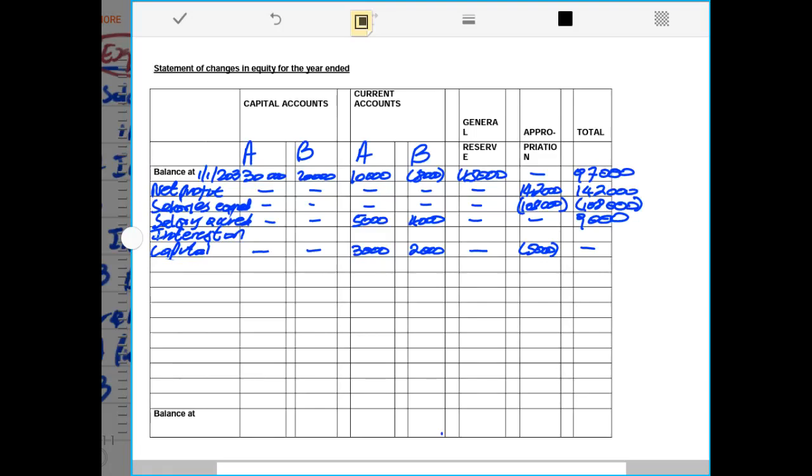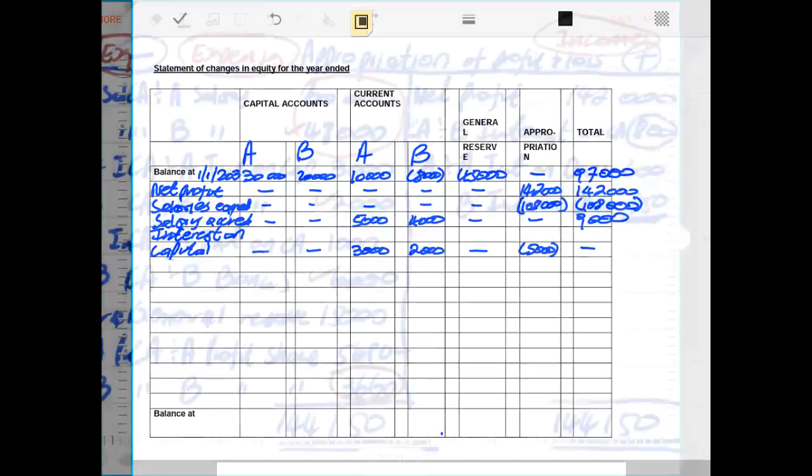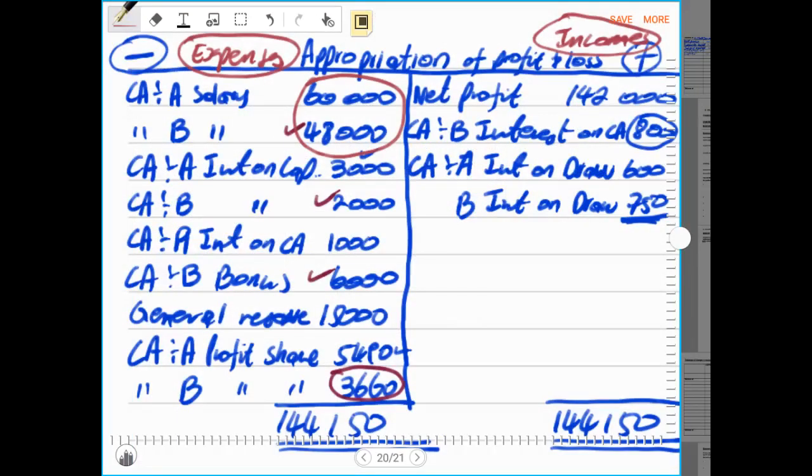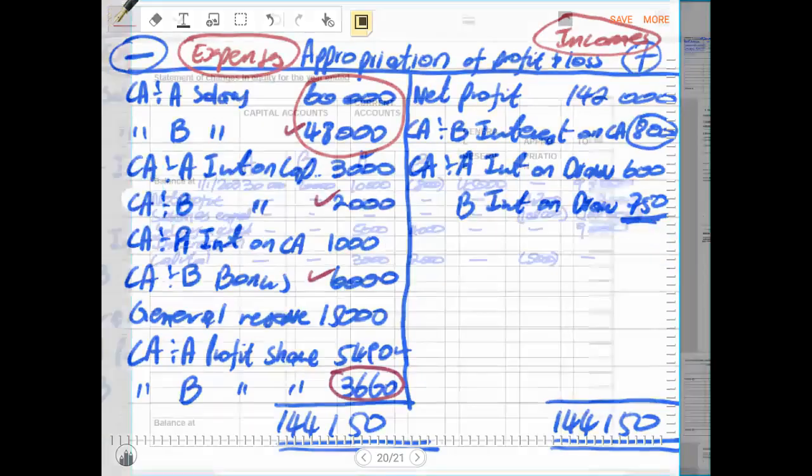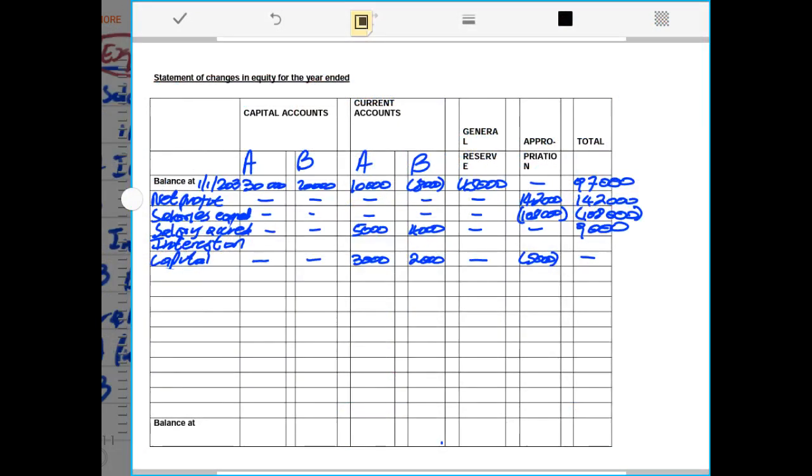And entries on the credit side must be recorded as a positive in the statement of changes in equity. However, there are exceptions, more especially when the current accounts have different opening balances, because we have to consider the net of the two amounts.